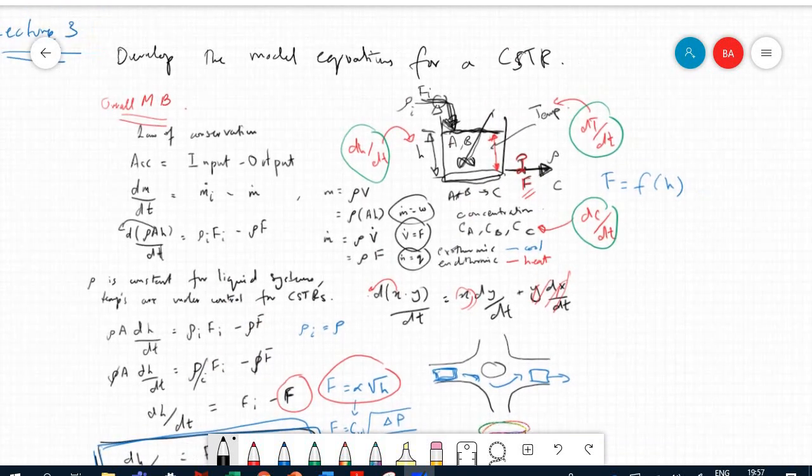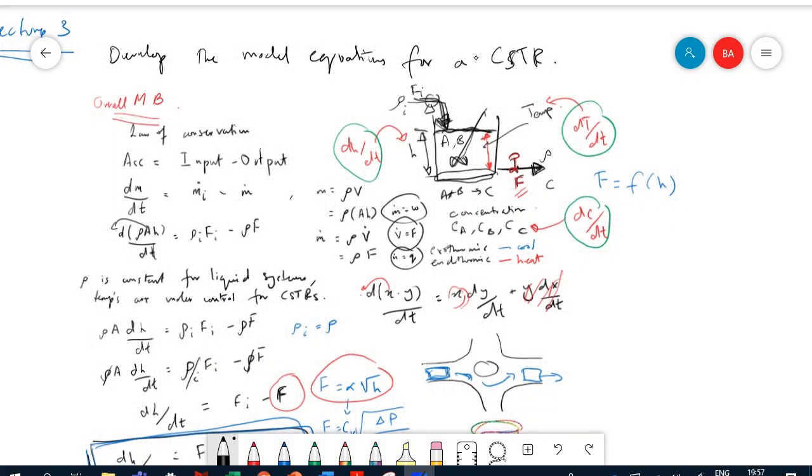I have a system here, and in this system you can see I have a CSTR. So what we are trying to do today is develop the model equations of a CSTR.